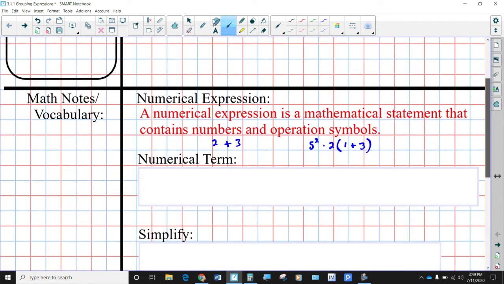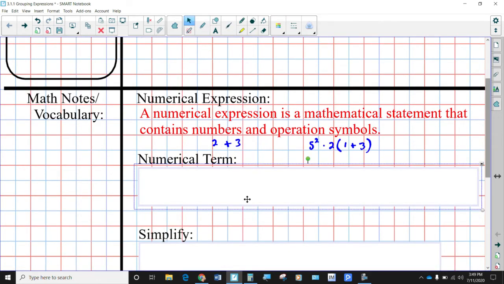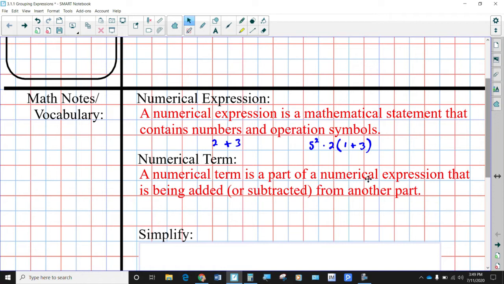A numerical term is a part of the numerical expression that is being added or subtracted from another part. So if I took this, once again, 2 plus 3, we've got two terms here. Here's a term that's being added to that, okay?